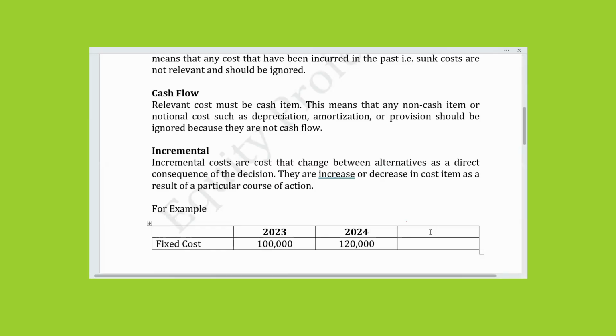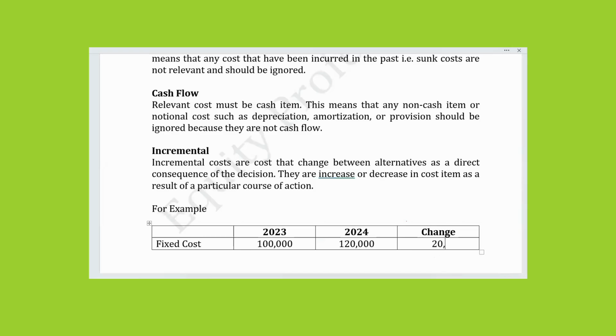Of course, the cost incurred in 2024 is not 120,000. Rather, it is the change. It is the increase or decrease in the cost item that you are going to recognize for the current year. So the difference between 100,000 naira and 120,000 naira is the change, the incremental cost.